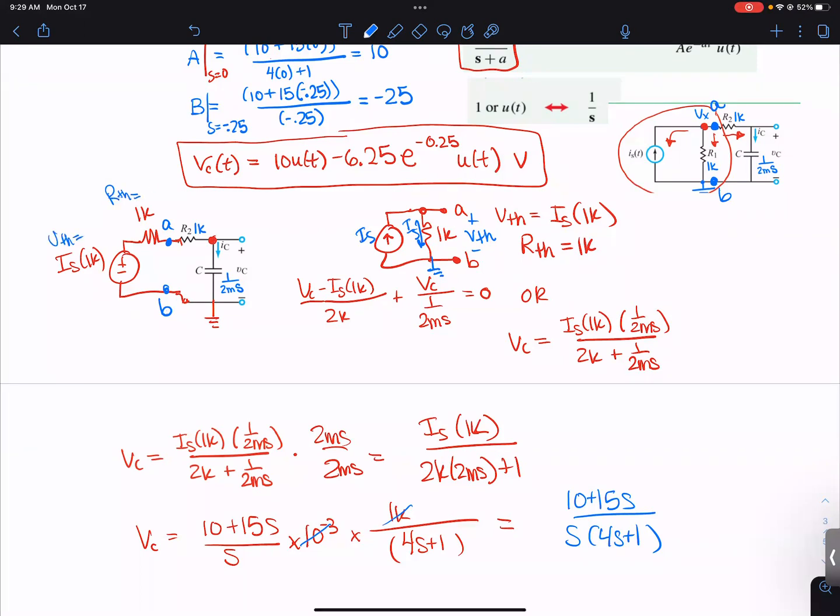You have to include both the VTH and RTH, and it was probably confusing because they're the same value. That makes sense. Thank you. I see what my mistake is now.